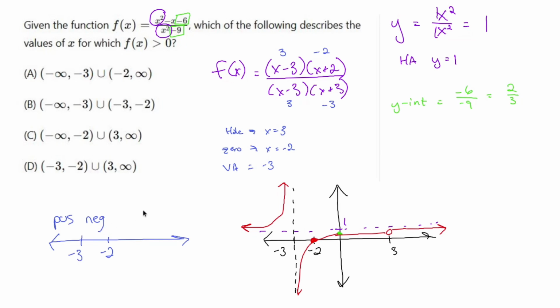But from negative 2 all the way until positive infinity, we're living in positive land again. So it's positive from negative infinity to negative 3, negative from negative 3 to negative 2, and from negative 2 on to positive infinity, we're above the x-axis again. So that is going to be A. And that's how you do it.